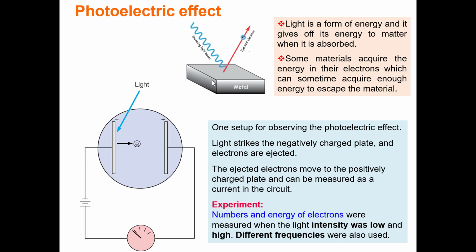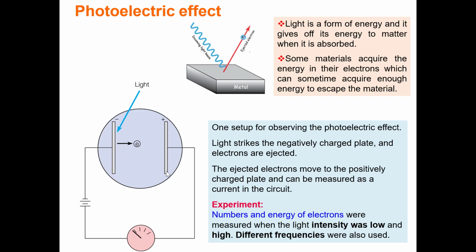using this fact, they conducted this experiment. What they have here is one positive and one negative plate, and we irradiate the negative plate with different kinds of light. When they say different kinds of light, it means different colors of light. If the electrons gain enough energy, then the electrons can escape.